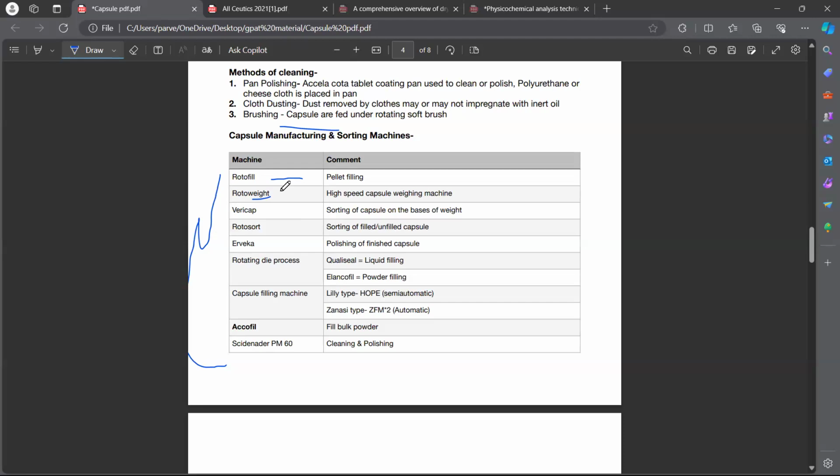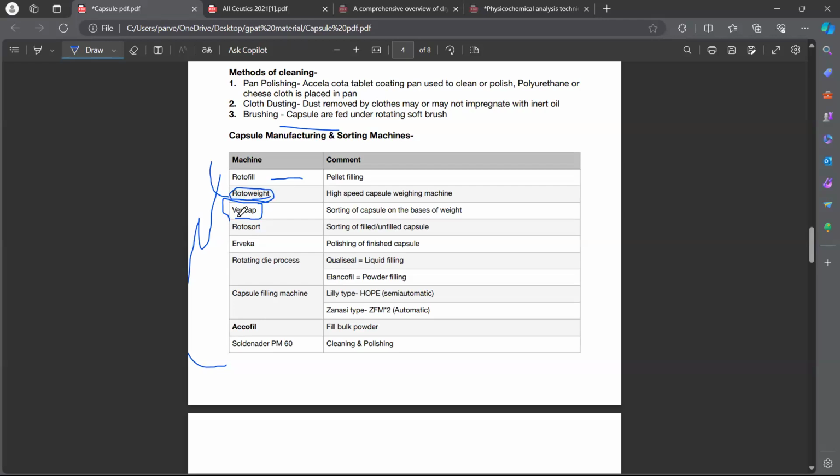In Rotaweight, the capsules are weighed based upon X-rays. Here the X-rays are used to weigh the capsules. While in Vericap, the dielectric constant parameter is used to weigh the capsules. So this is the difference between the two equipment, guys. In Rotaweight, the X-rays are used, while in Vericap, the dielectric constant is used.